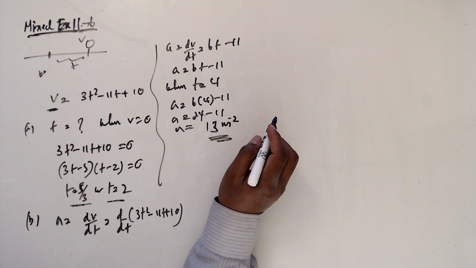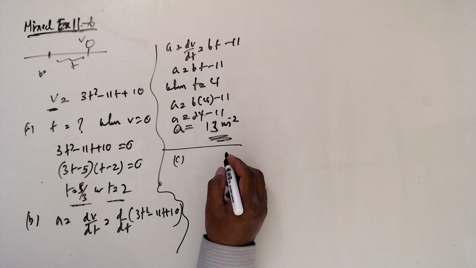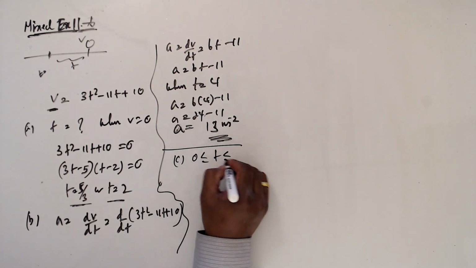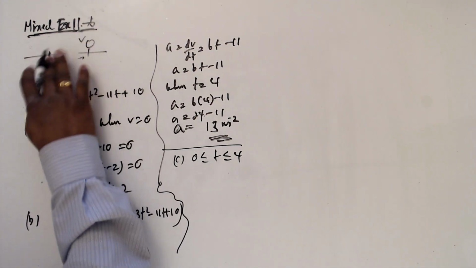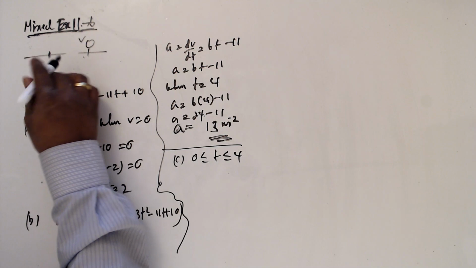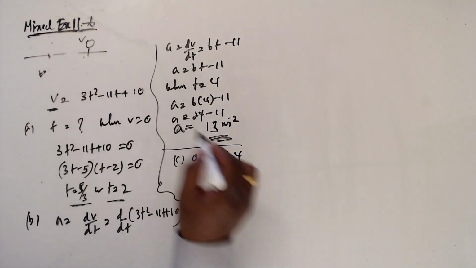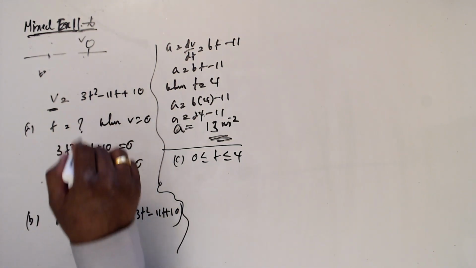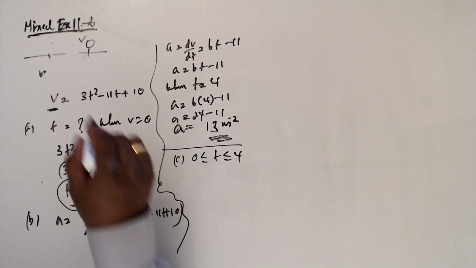Part C, we need to find the total distance traveled between 0 less than t less than 4. Now assume the particle starts somewhere here. So we know that when t equals 5 by 3 and t equals 2, it comes to instantaneous rest.